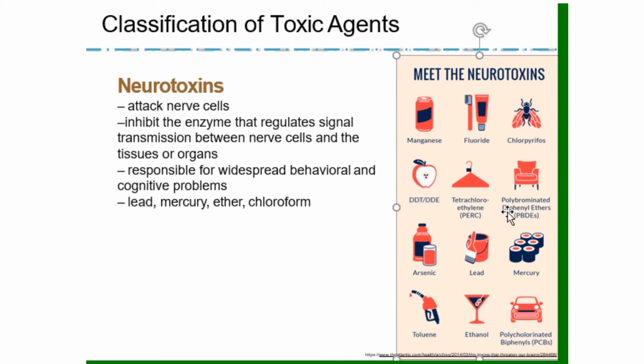PERC stands for tetrachloroethylene. So, what are the examples? Yung mga lubricants, mga greases, metal and stone polishers, mga paint and coating, yung mga auto parts and electronic motors. So, ayan siya. Those are the examples of the PERC.